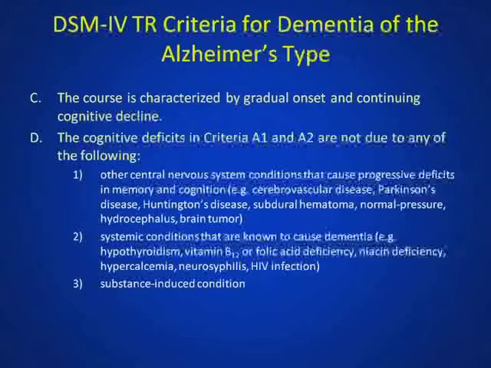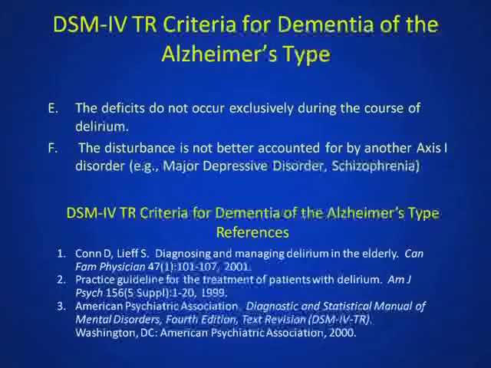We also want to be certain that her symptoms are not caused by a reversible cause of dementia, hypothyroidism, B12 deficiency, folic acid deficiency, and we also want to be sure that this isn't a substance-induced condition. Finally, it is the E criteria that we have to look closely at, and that is that the deficits do not occur exclusively during the course of a delirium.